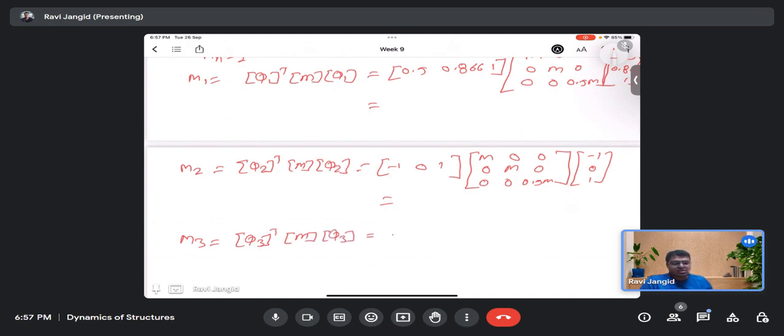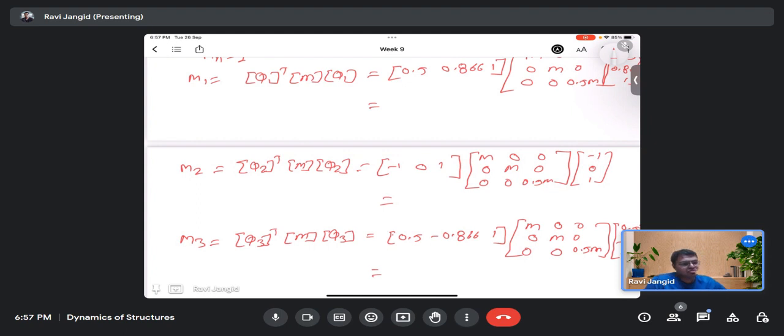What is my phi 3? It is 0.5, minus 0.866, 1, with the mass matrix m 0 0, 0 m 0, 0 0 0.5m, and then 0.5, minus 0.866, 1. So get me all three values.